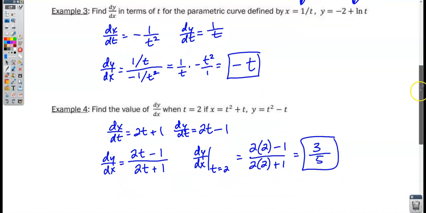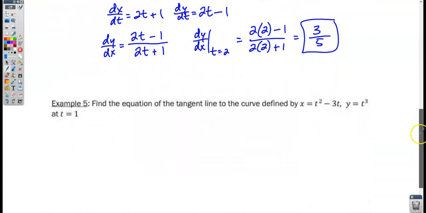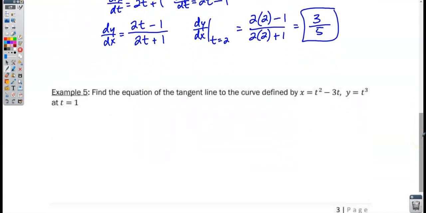All right. Example 5. Find the equation of the tangent line to the curve defined by x equals t squared minus 3t and y equals t cubed at t equals 1. If you remember from our previous discussions, whenever we're finding the equation of a tangent line, we need two things. We need a point and the slope.